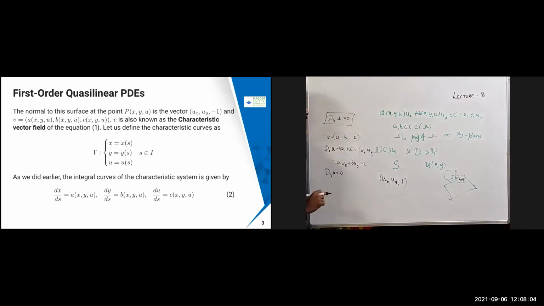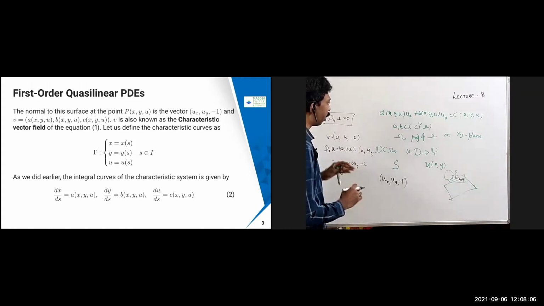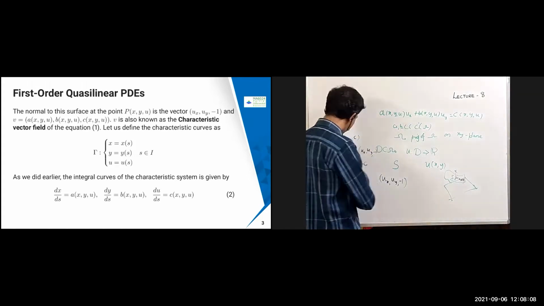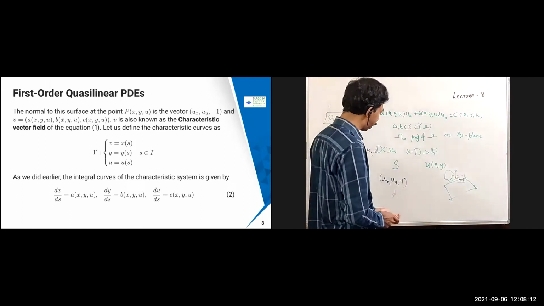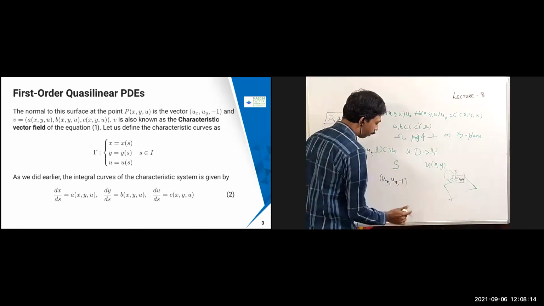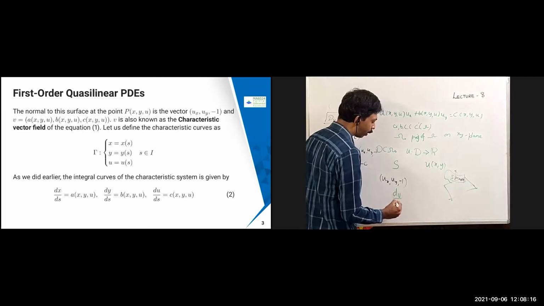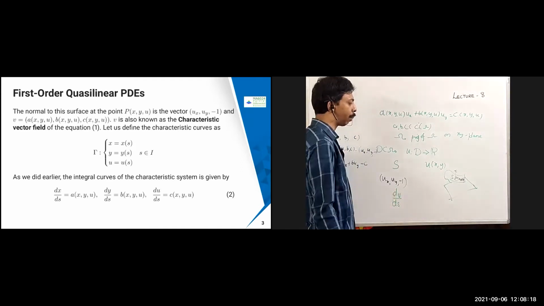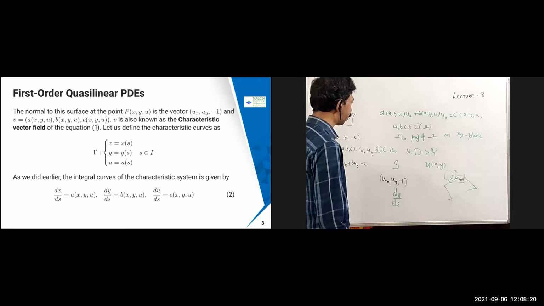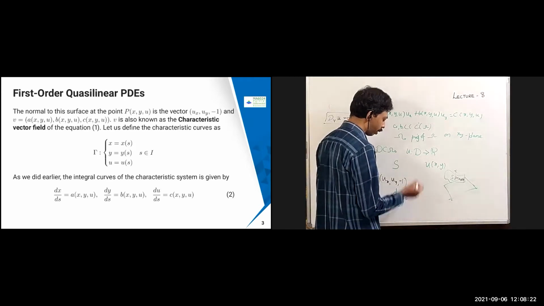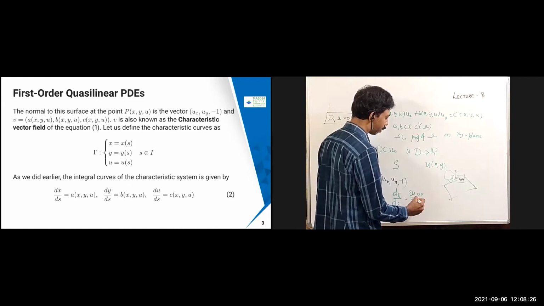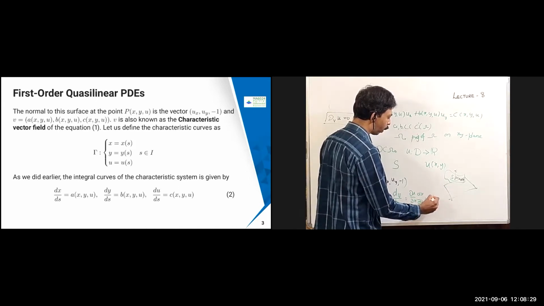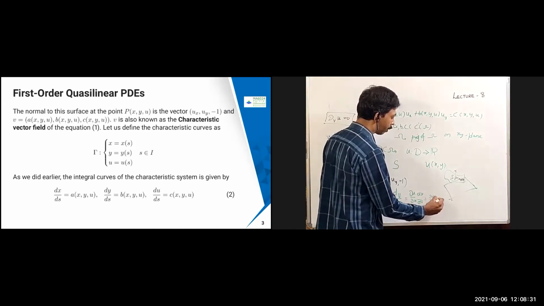D_v u equal to 0 means this is the total derivative along the characteristic vector. What I am trying to find is du by ds, which, as I mentioned earlier, we can write as dou u by dou x into dx by ds plus dou u by dou y into dy by ds.